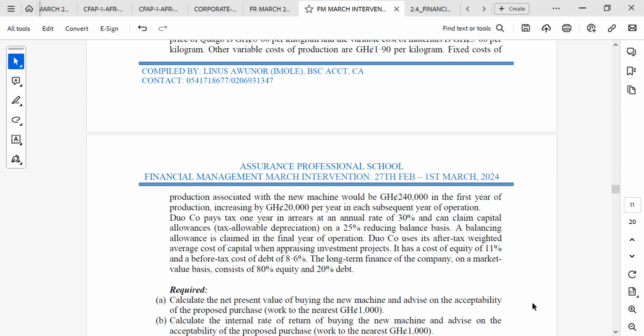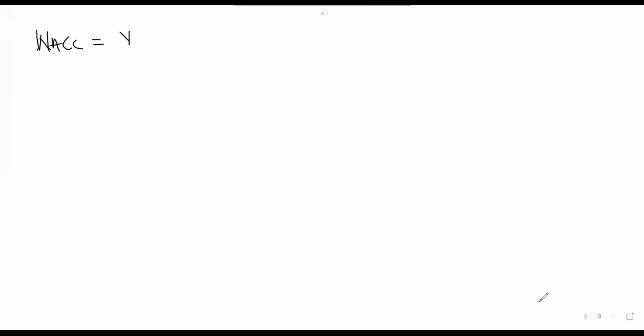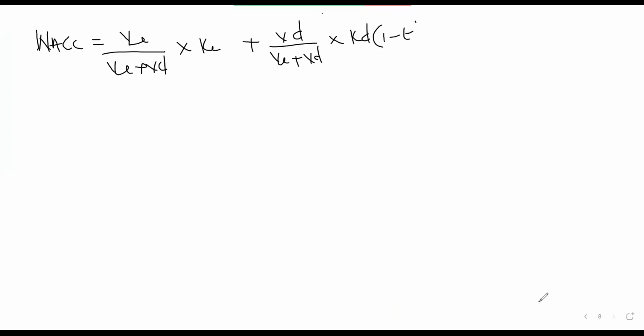So our WACC is calculated as VE over VE plus VD multiplied by KE, plus VD over VE plus VD multiplied by KD into bracket 1 minus T, if you are given the before-tax cost of debt.